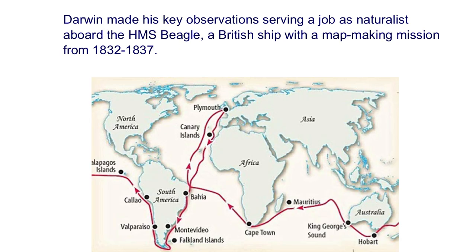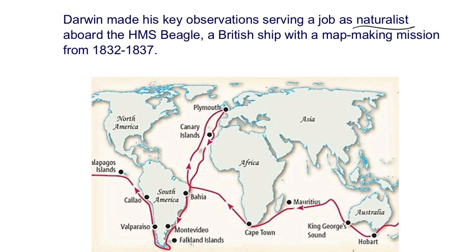So Darwin saw all kinds of different adaptations depending on the different places that he visited. He was the naturalist on this British ship that was looking for places that it could colonize because of economic things that the king in England could profit from.